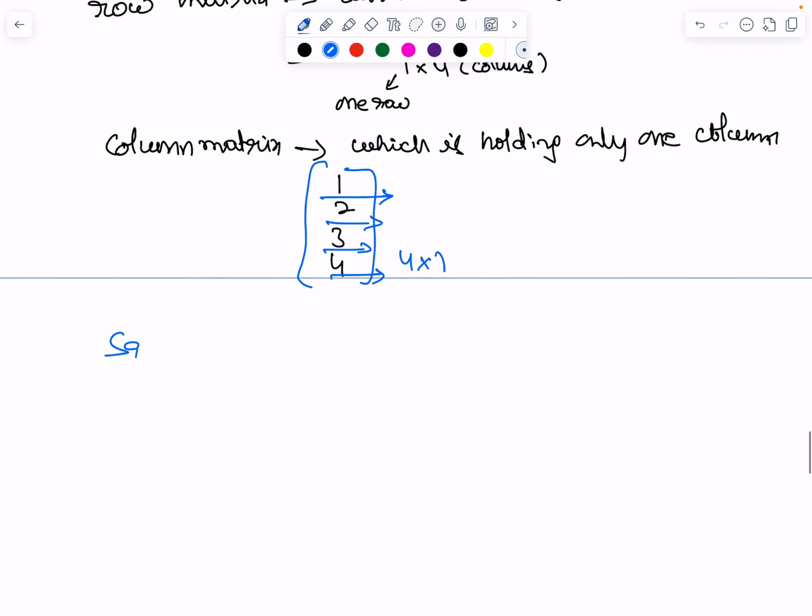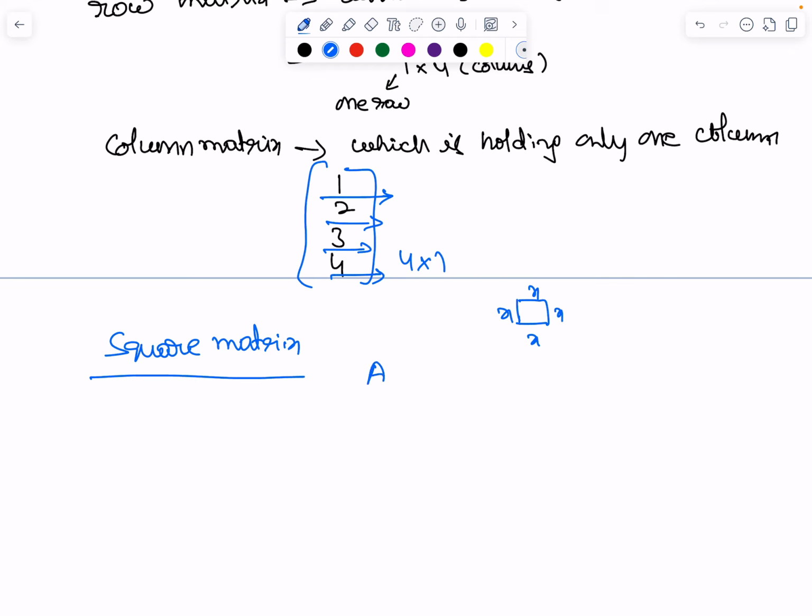And now there is a matrix called the square matrix. We have seen in our school math what a square is. A square has all sides of the same length.